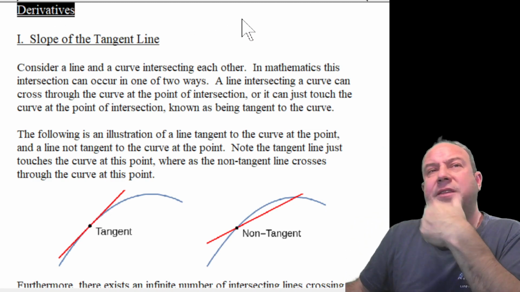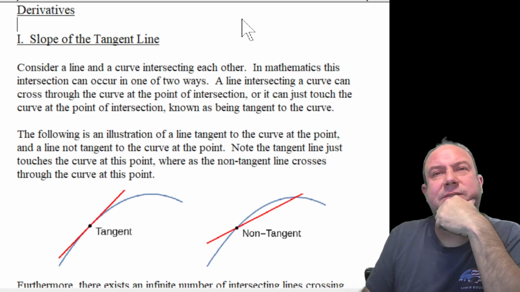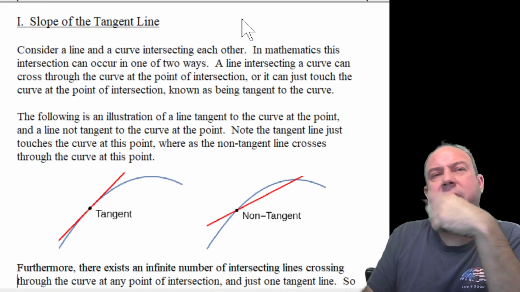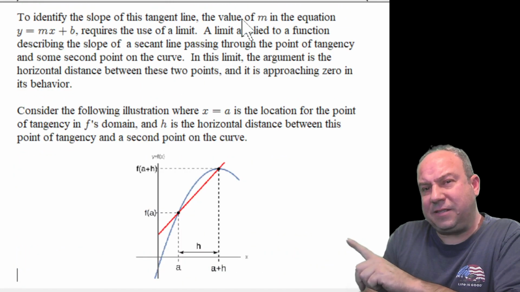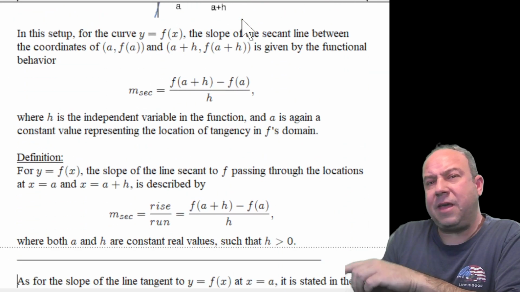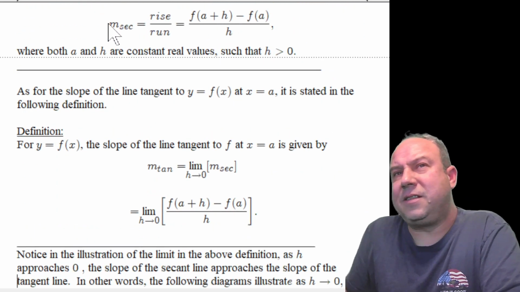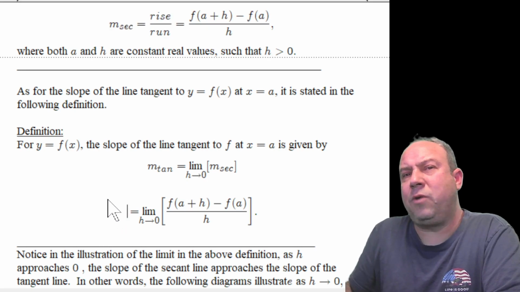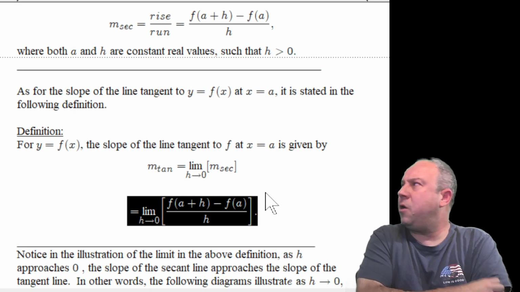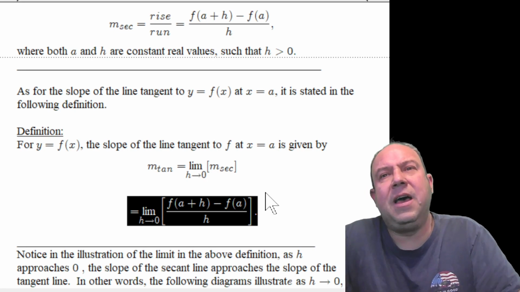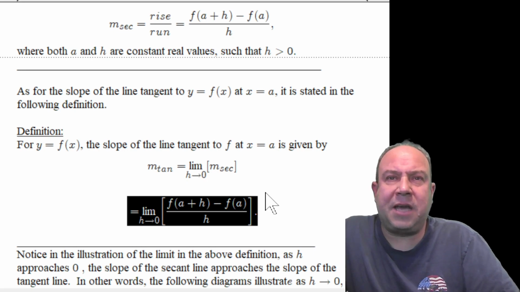As we're going to see in the next video, the next little section of notes that follows this topic, this definition that we developed, not the slope formula up here, but the second one for the slope of the tangent line, is actually formally known as the derivative of a function at the value of x equal to a.